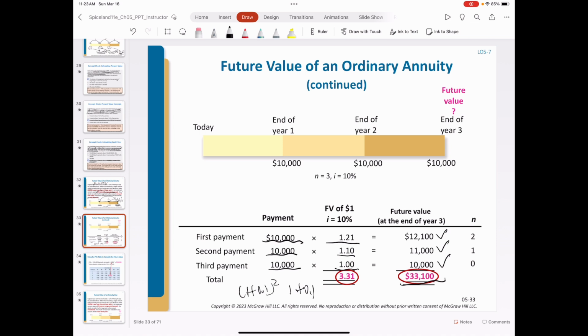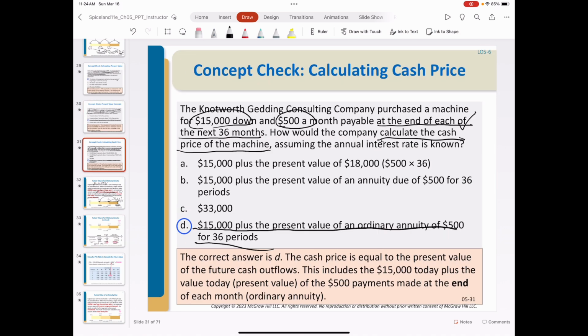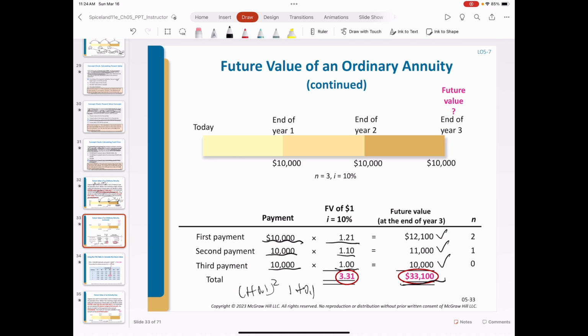The sum of them is the future value of this annuity. This is okay for an annuity of up to 5 years, 6 years. If the annuity is like this for 36 periods, calculation this way will be very time consuming.